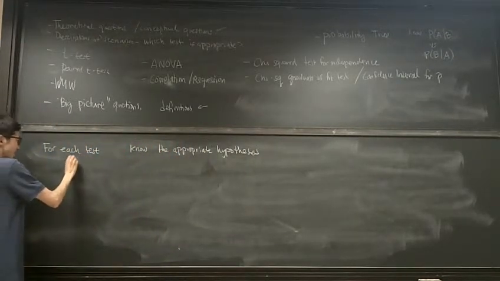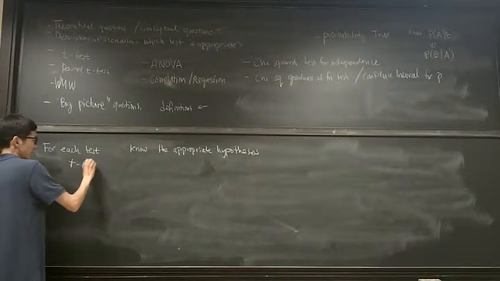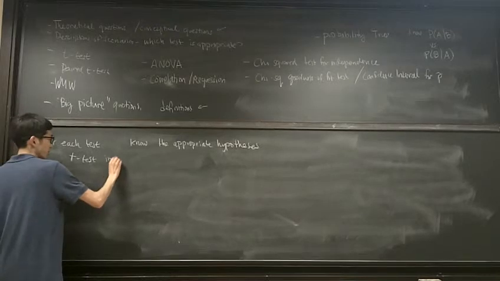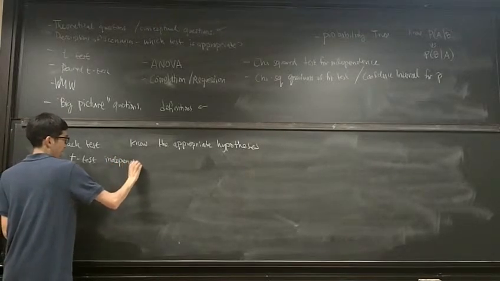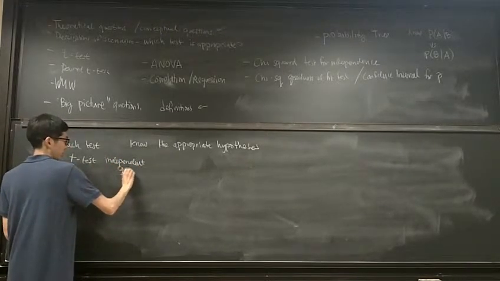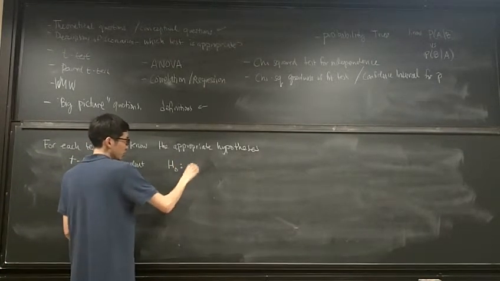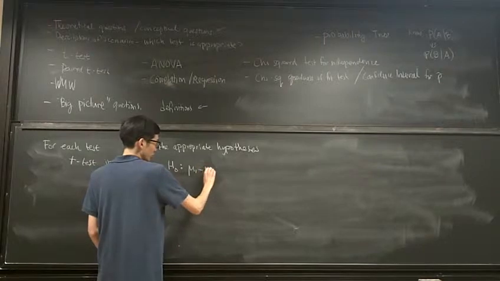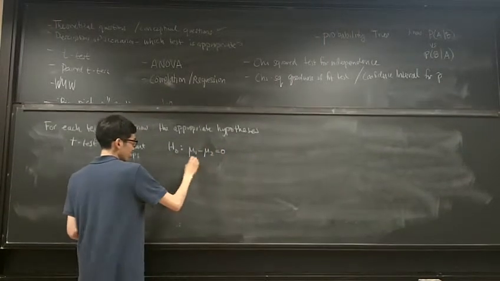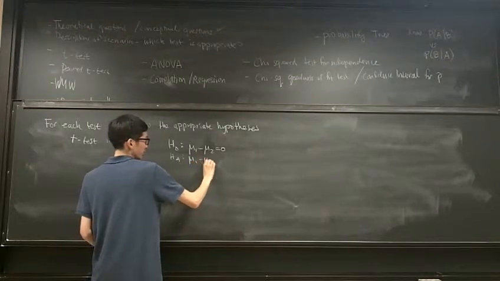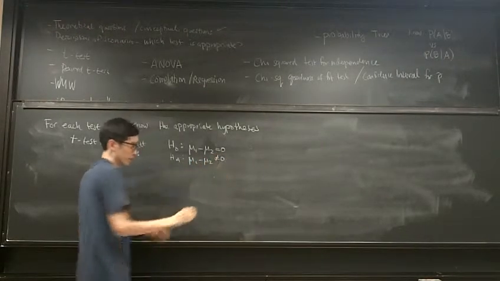So for a t-test, t-test for independent groups, the hypothesis is what? mu1 equals mu2, or mu1 minus mu2 equals 0, versus mu1 minus mu2 doesn't equal 0.